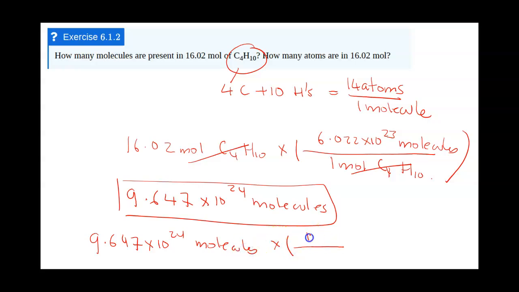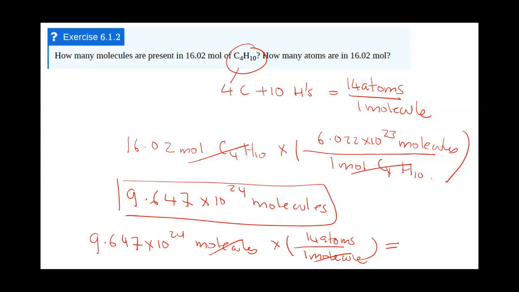And we get 14 atoms for every 1 molecule. So we just got to times our number there by 14. You can times it by 14 over 1, but that's going to be the same as multiplying it by 14.